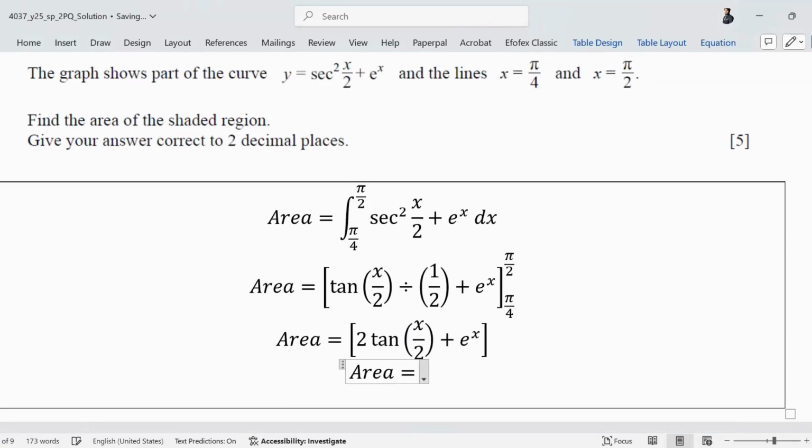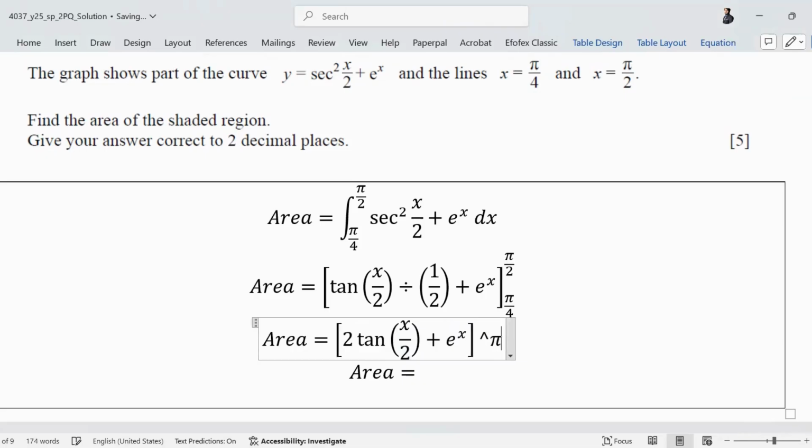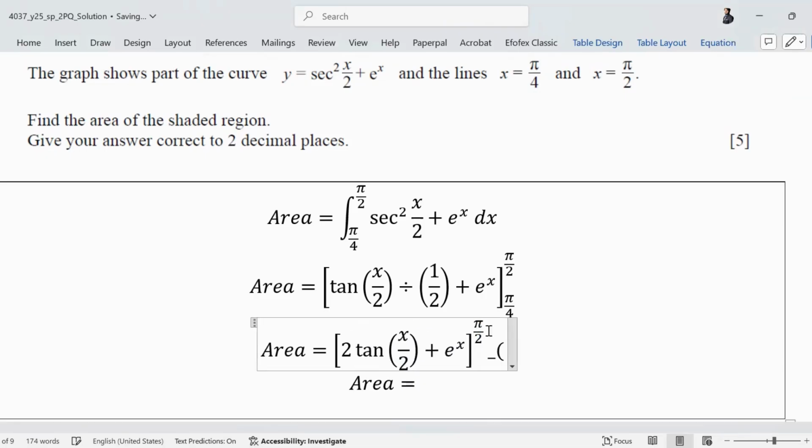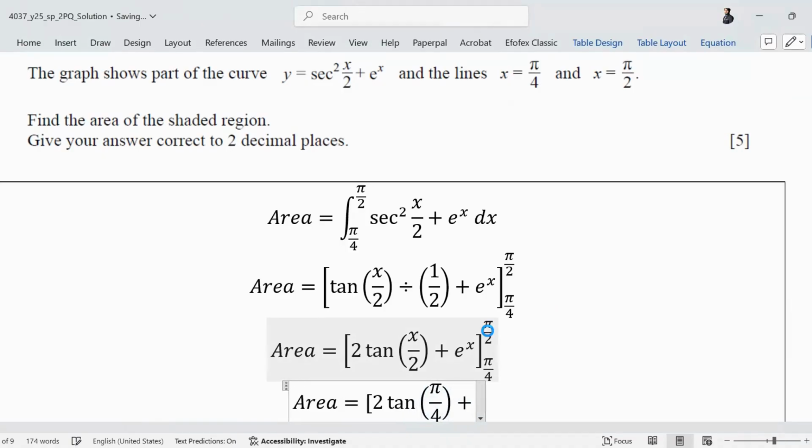So first, let's plug in the upper limit, which is pi by 2. And the lower limit is pi by 4. So 2 tan. So in place of x, I'll write pi by 2. And when that divides by 2, it is pi by 4 plus e to the power pi by 2.